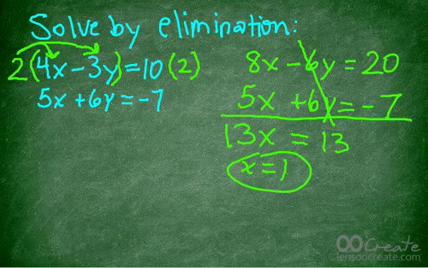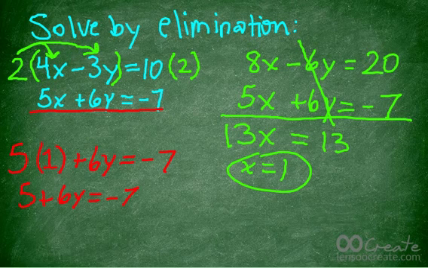I'm just going to use this bottom one right here to solve for y. So I have 5x plus 6y equals -7. But what do we know about x? It's equal to 1. So that's just 5 plus 6y equals -7.